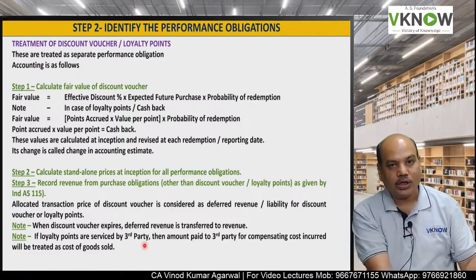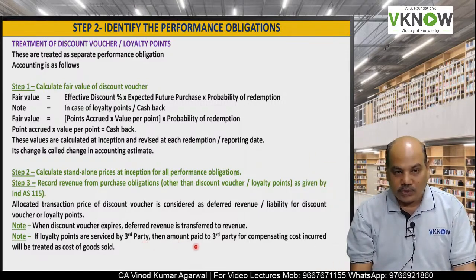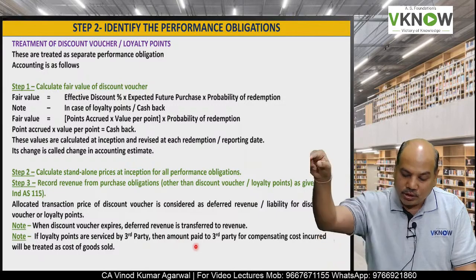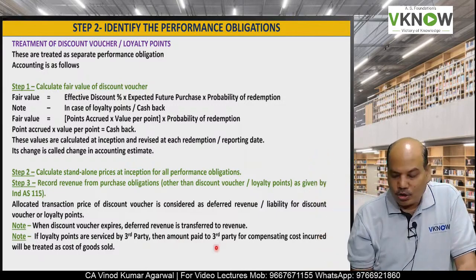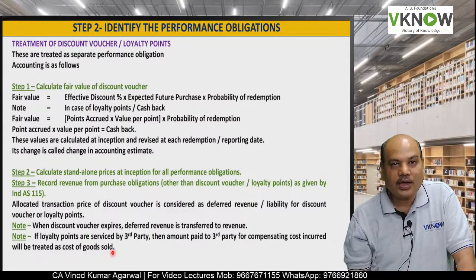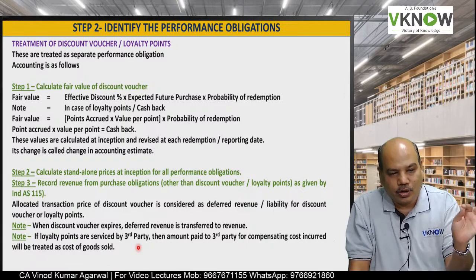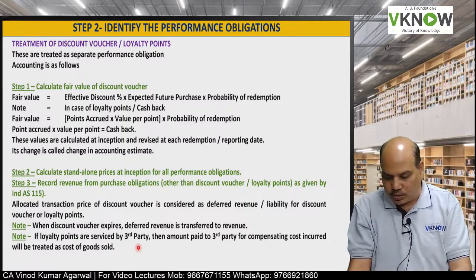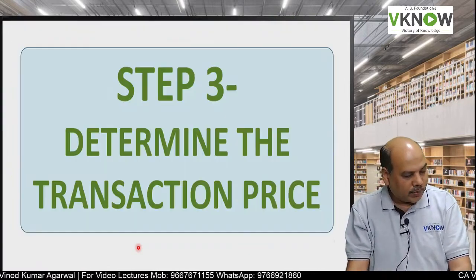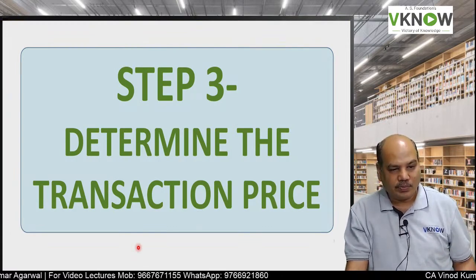Okay, so my loyalty point is serviced by the petrol pump dealer. Then the amount paid to the third party for compensating the cost incurred is treated as cost of goods sold, because that will also be treated as a cost of goods sold towards this book. So step number 3 is determining the transaction price.